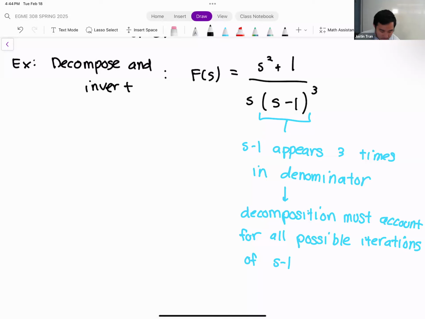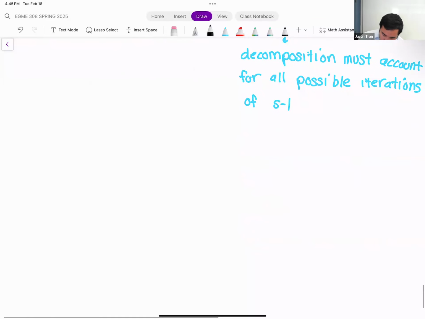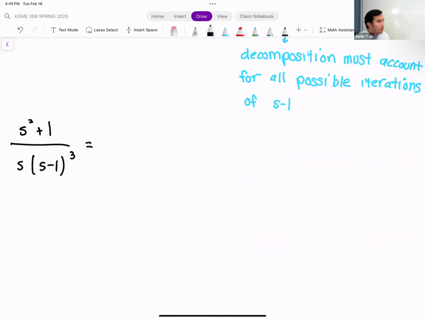So what does this look like? Let's set up our decomposition equation: s squared plus 1 over s times s minus 1 quantity cubed. When we decompose this, we're going to decompose it into 4 separate terms. The first term should be pretty obvious: we have a 1 over s, so this is going to be an a over s.